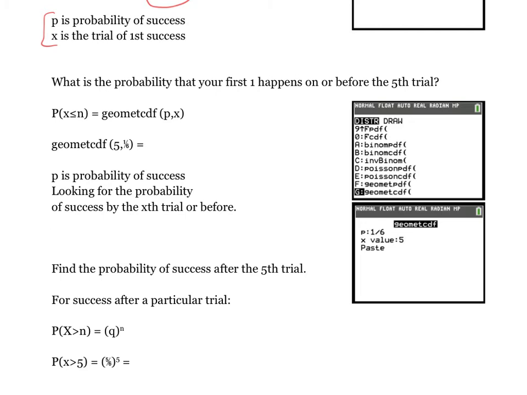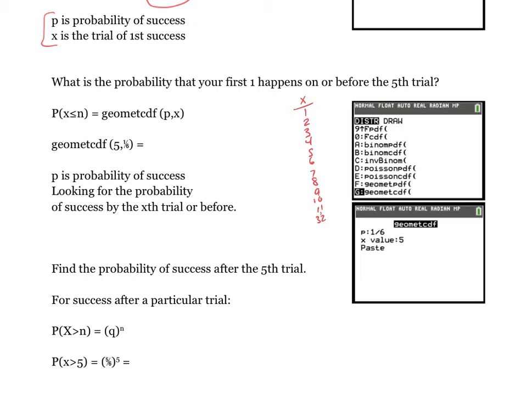Another question I could ask you is, what's the probability that your first one happens on or before the fifth trial? So on or before the fifth. Let's think about that for a second. I could get my first one on any of these rolls. And remember on the table, it actually went up to like 32, right?